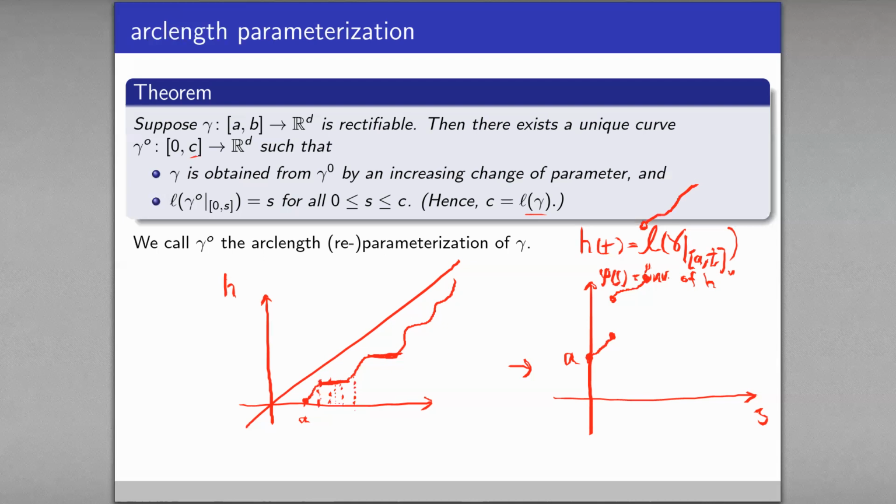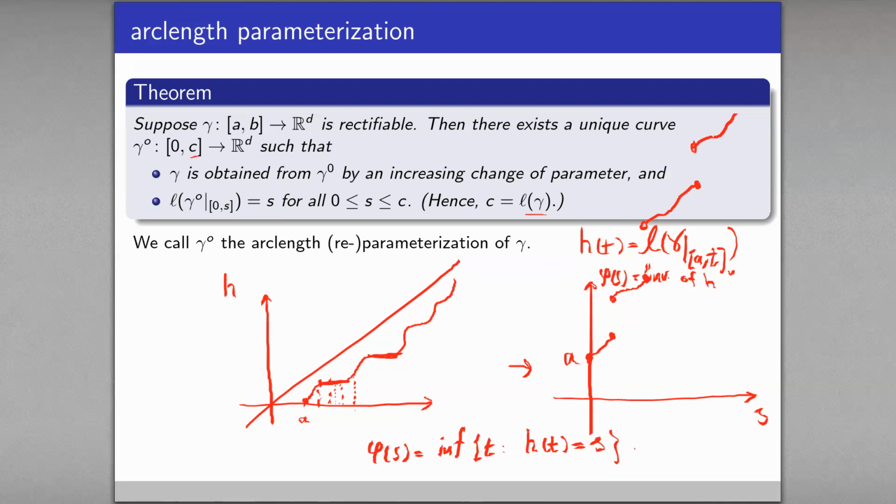So that is the inverse to that. And actually I can write the formula. So phi of s will be the smallest t with h of t equal to s. I could also take supremum, and then these holes will be on this upper side.